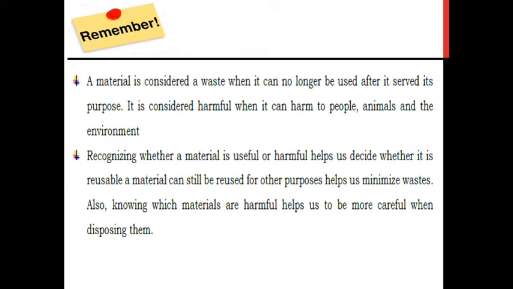Another, a material is considered a waste when it can no longer be used after it served its purpose. It is considered harmful when it can harm people, animal, and the environment.